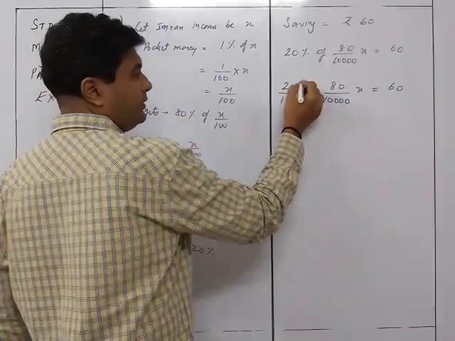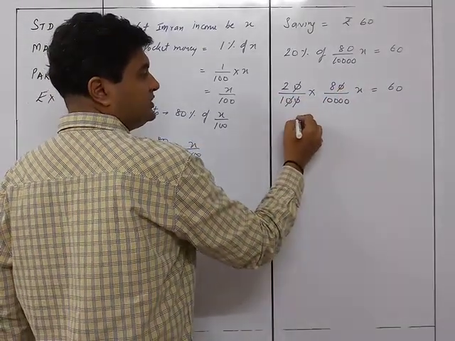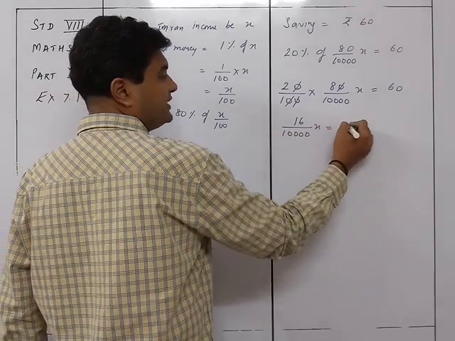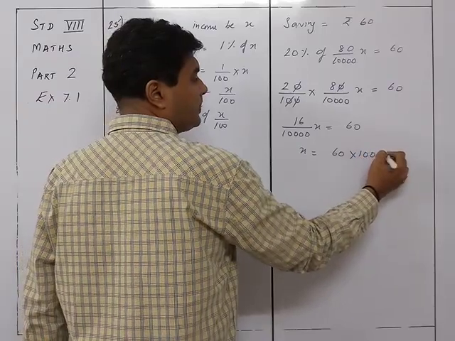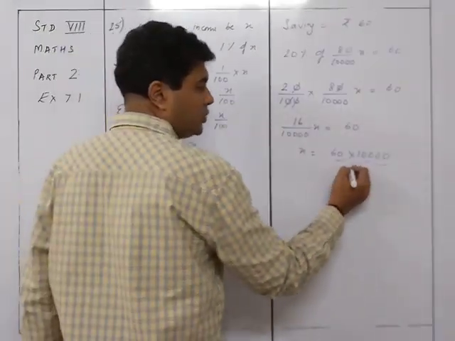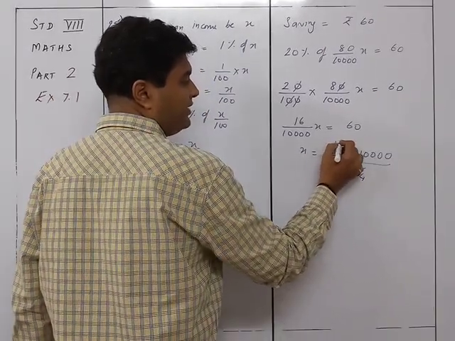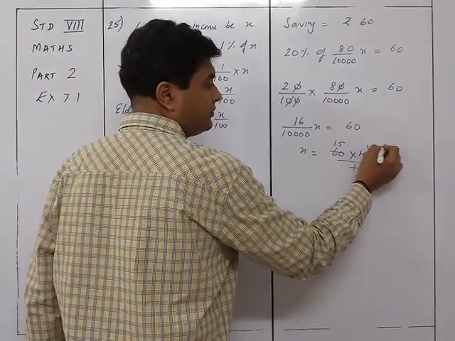So accordingly, let's do the cancellations of these numbers. Yeah, so it will be this way. So 16 upon 10,000 x is equals to 60. x is equal to 60 into 10,000 upon 16. So this will be 4 4s and 4 15s and then 4, and this will be 2500.